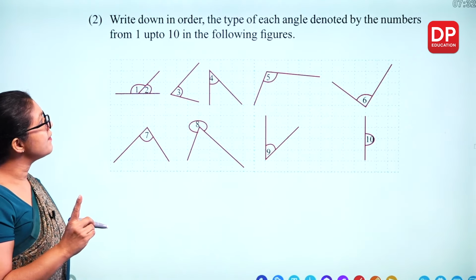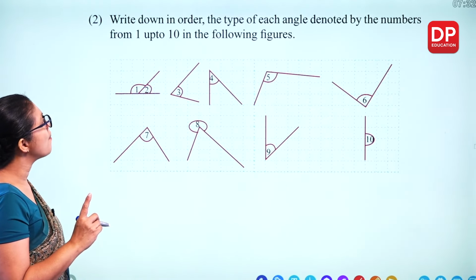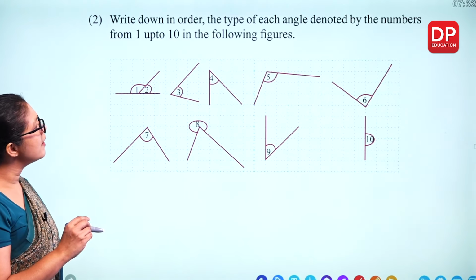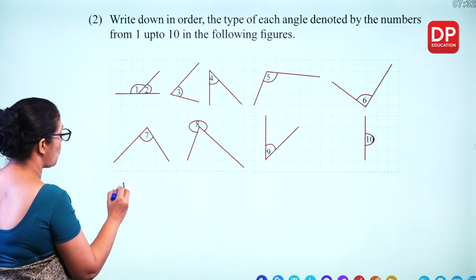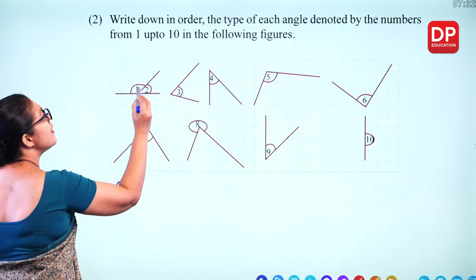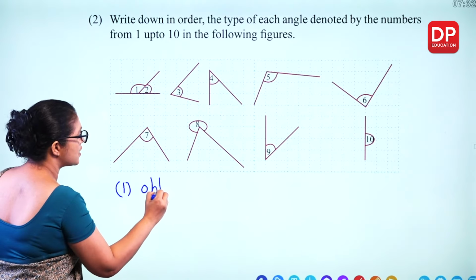Write down in order the type of each angle denoted by the numbers from 1 up to 10 in the following figures. First write 1. 1 is more than 1 right angle, obtuse.